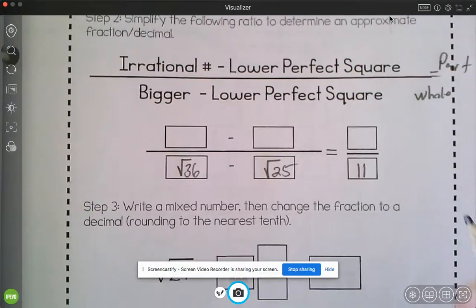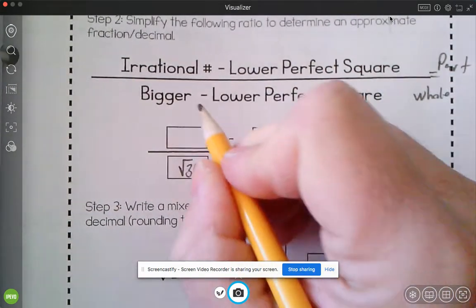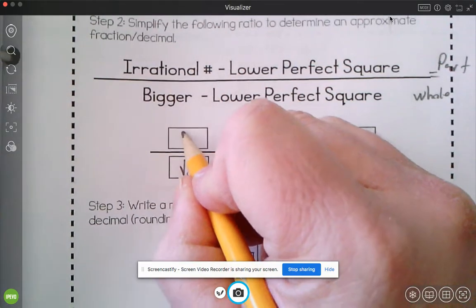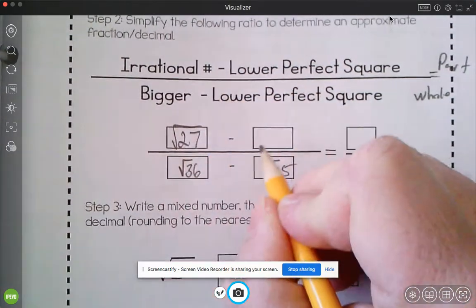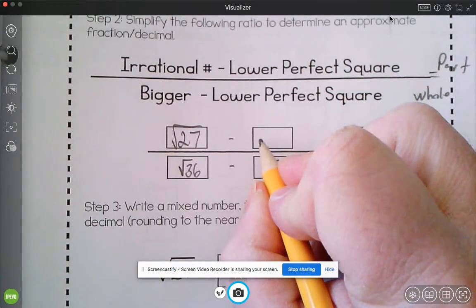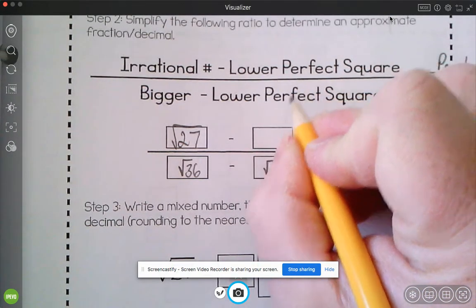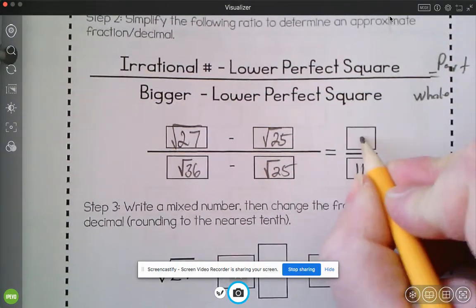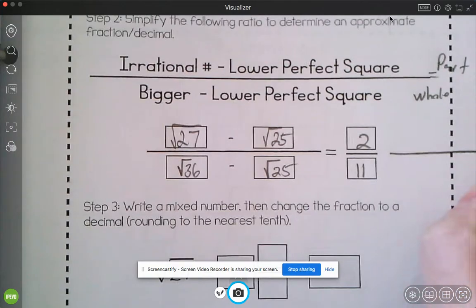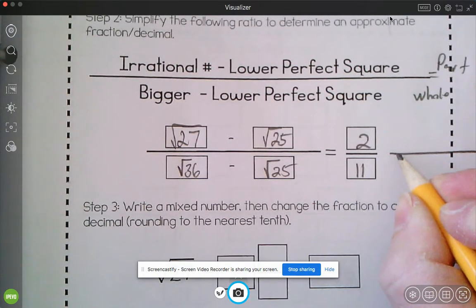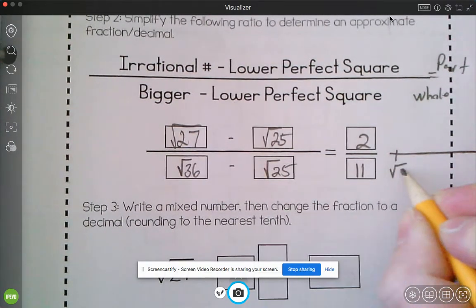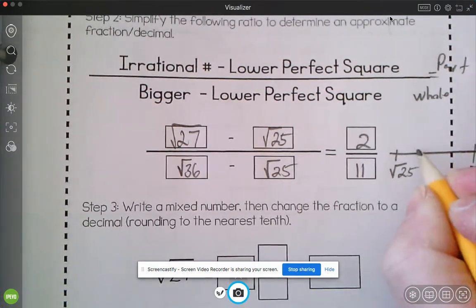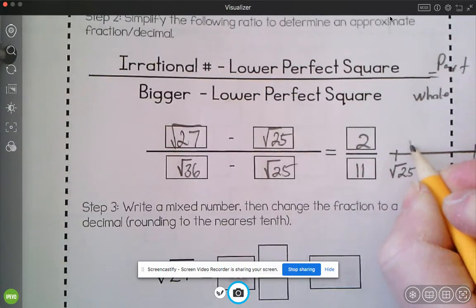Now to get the part, you take the actual irrational number, that was 27, and then subtract the lower perfect square, which was 25. So it's only 2 away. If you think of this on a number line, over here you have the square root of 25, the square root of 36, and right here you have the square root of 27.